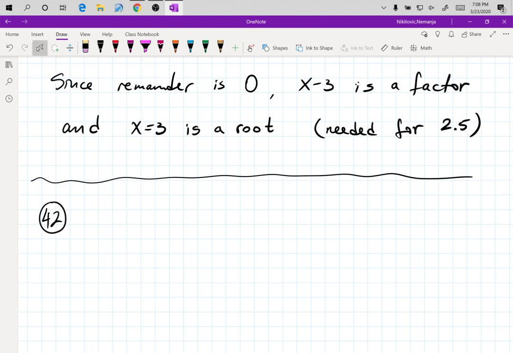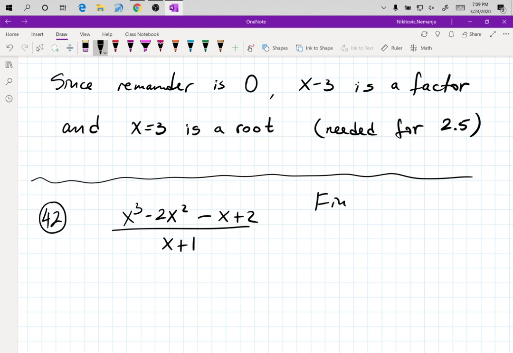It says use synthetic division to divide x cubed minus 2x squared minus x plus 2 by x plus 1 in order to try and find all of the roots. So use synthetic division, find all roots.